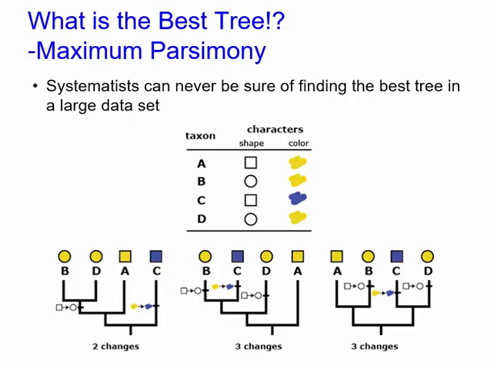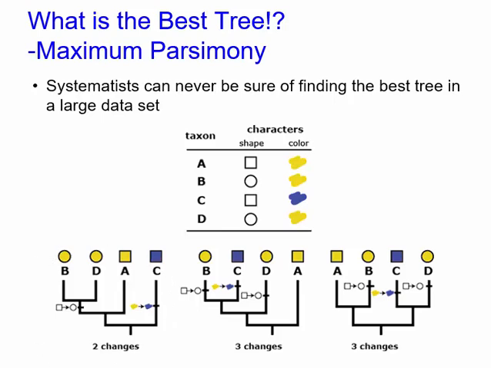In our example trees down here, we have 3 possible trees being produced from these data from taxon A, B, C, and D. And it's this first tree that you only need 2 changes occurring. They're marked on the tree here, yellow to blue and square to circle over in this lineage. That only requires 2 changes. So this one on the left would be considered the most parsimonious tree.